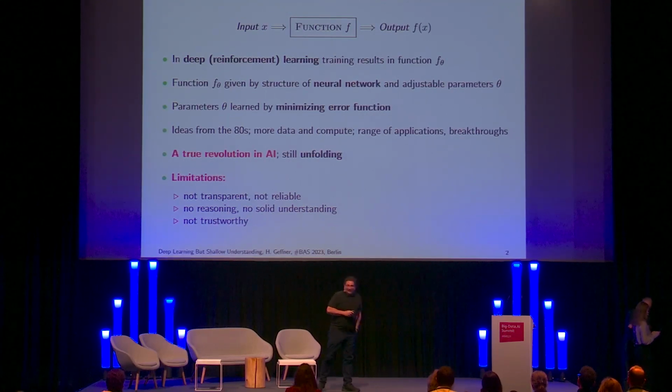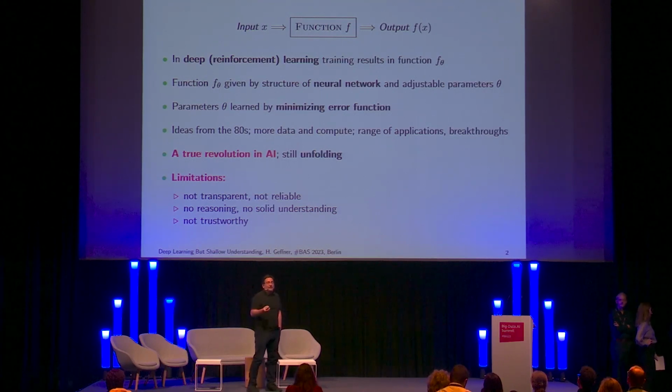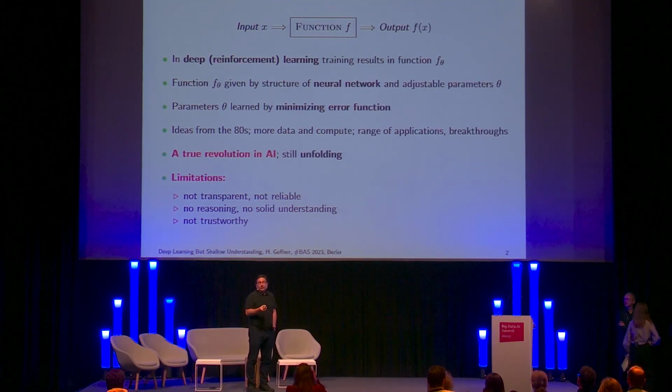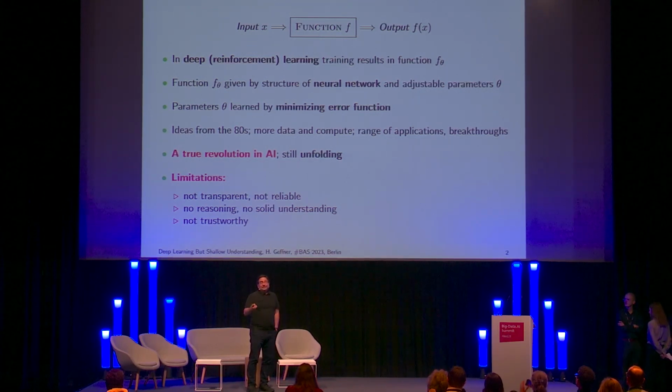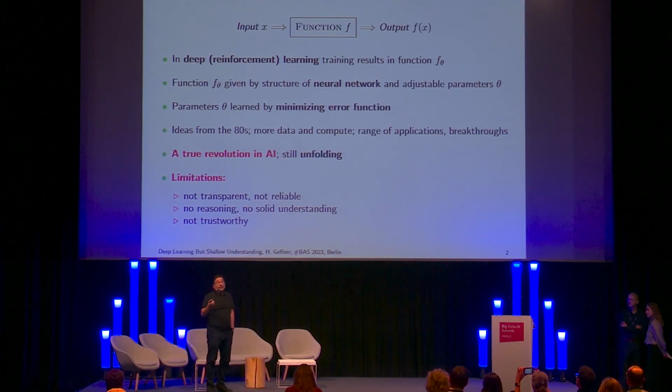So I'll talk a little bit, so don't get intimidated by slides with some notation that is not completely clear. So basically in the last decade, there has been a revolution in AI and a true revolution also in the applications of AI. And one way to understand deep learning, also deep reinforcement learning, is that basically you're computing functions. So functions are these boxes that map inputs to outputs.